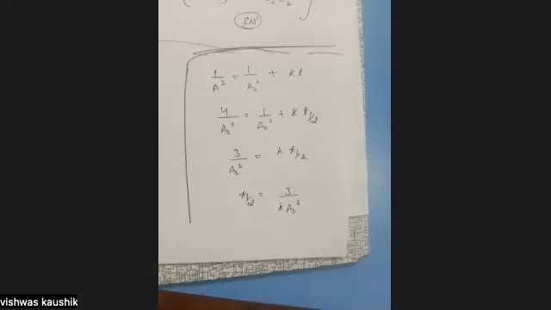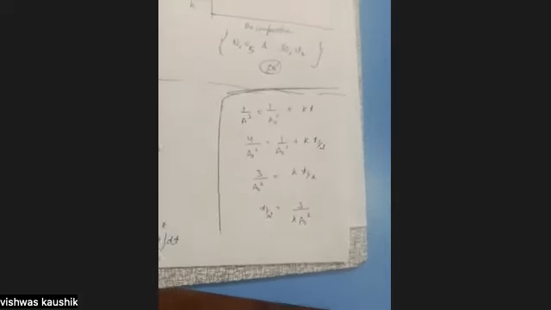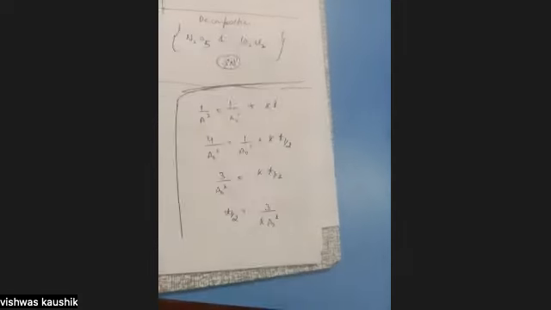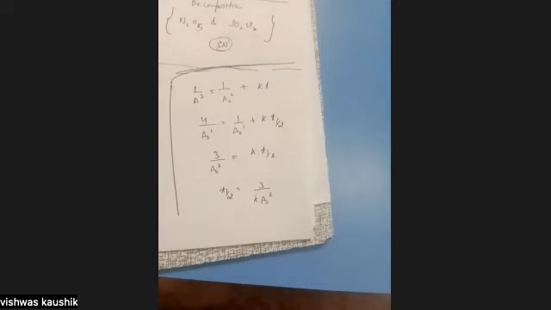Good. Any example of third order of reaction? No, sir, I haven't studied about the examples of any of the reactions. 2NO plus O2 gives 2NO2. 2NO plus Cl2 gives 2NOCl. 2NO plus Br2 gives 2NOBr.